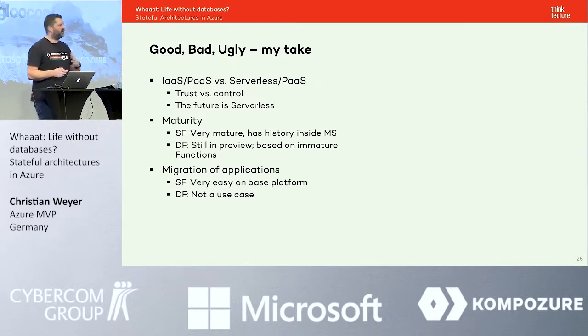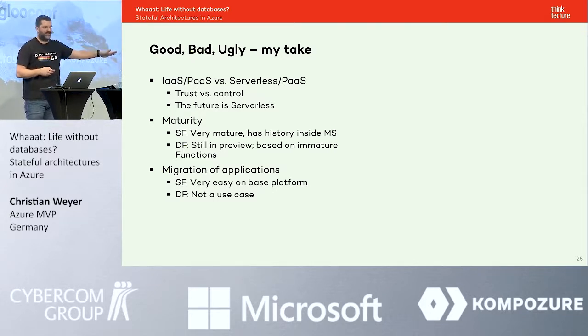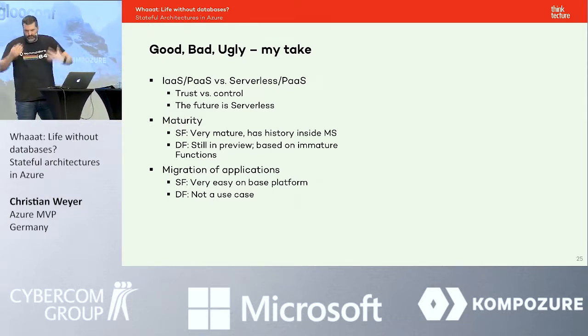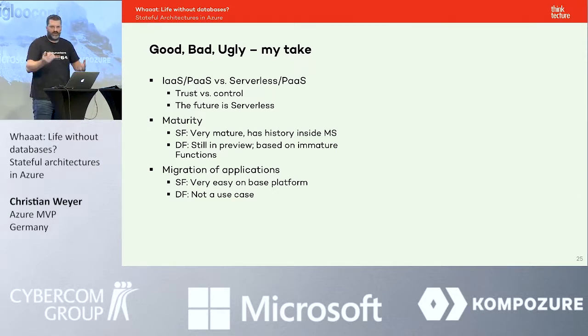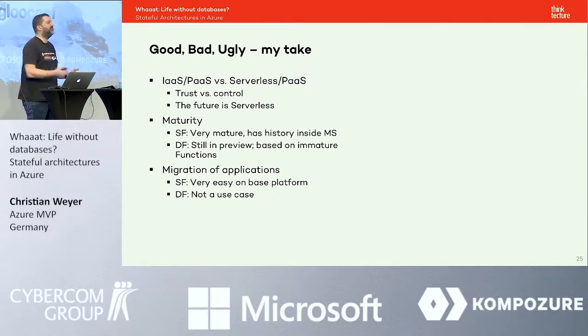So stateful architectures are just one nice feature that you can or cannot use, but it has a completely different audience. That audience also includes people who want to migrate existing applications into the cloud, into a scalable, reliable environment.